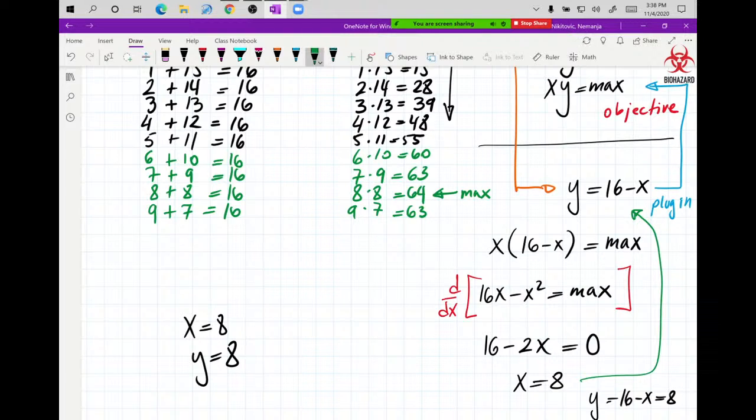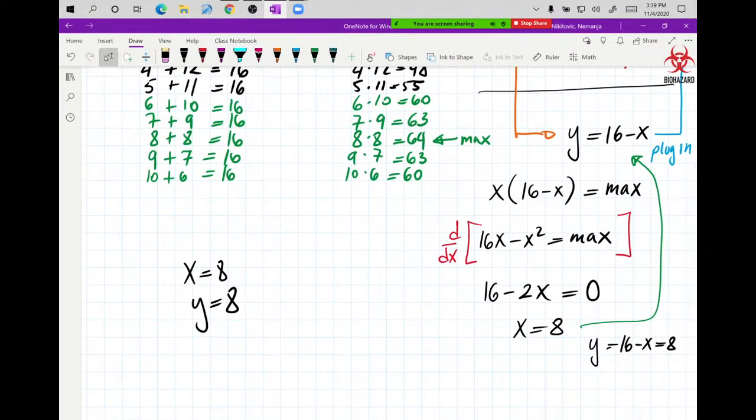And then as you flip here, because you are still constrained to always have 16, this side will immediately start to fall off. So you hit the peak, and then you start losing the values. So we ended up with x equals 8, y equals 8 as two numbers that would give you a maximum product.